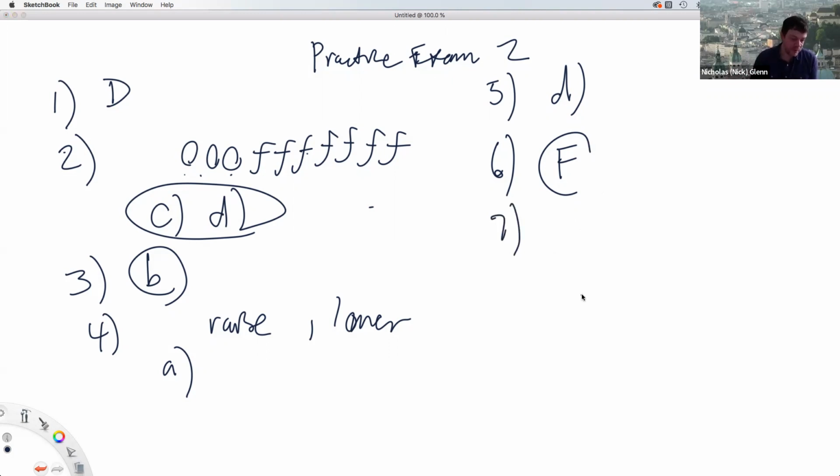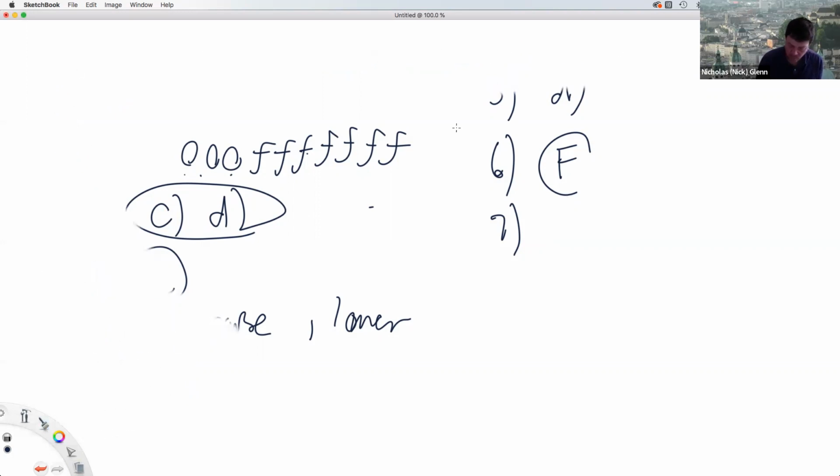7. Suppose a financial asset has a 15% chance to earn $50 and an 85% chance to earn $500. What is the expected income? Well, let's write the formula first. Let's erase this stuff first. So, what's the formula for expected income?